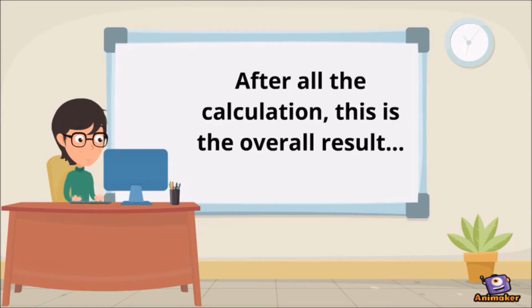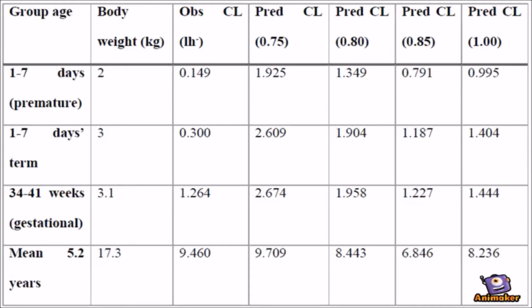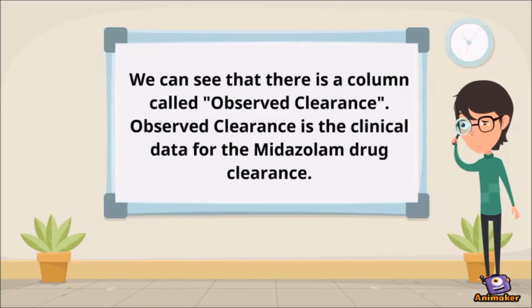Now we are going to see the overall result. The result is shown in this table. From the table, we can see that there is a column called observed clearance. Observed clearance is the clinical data for the midazolam drug clearance.